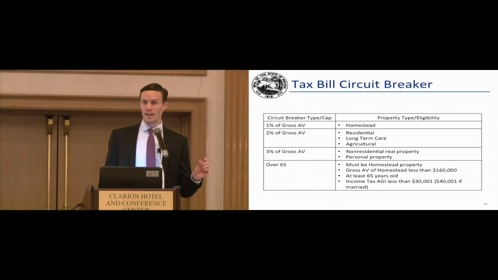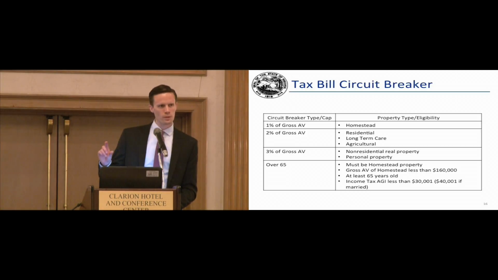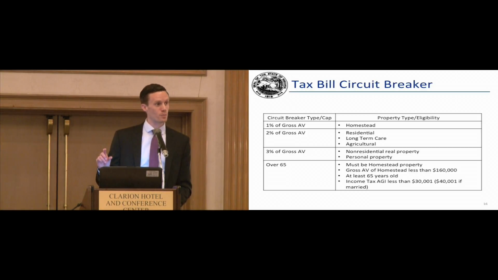The one circuit breaker that at times is forgotten about when we talk about them conceptually is the over 65 circuit breaker. So there's more that goes into determining eligibility for someone who's over 65. There's an income limit, there's an assessed value limit, it's got to be on their homestead property.